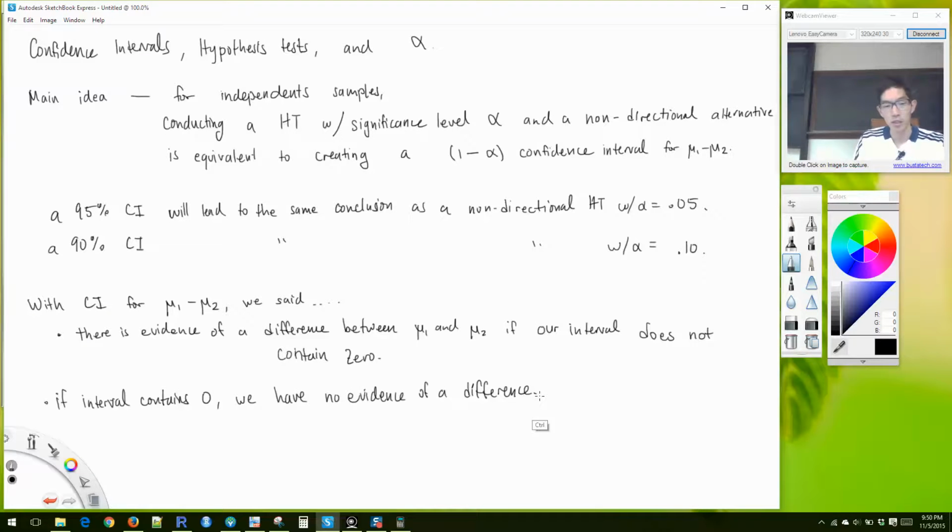All right, let's think about our hypothesis test. With a hypothesis test, we would come to the conclusion, I'm going to flip. Can I flip it to the next slide?